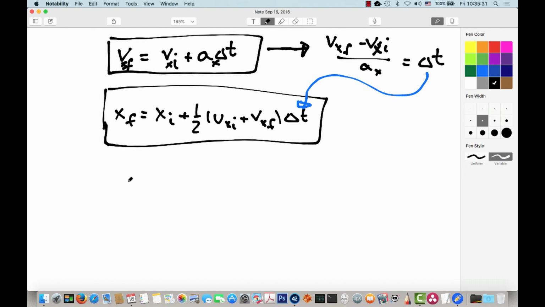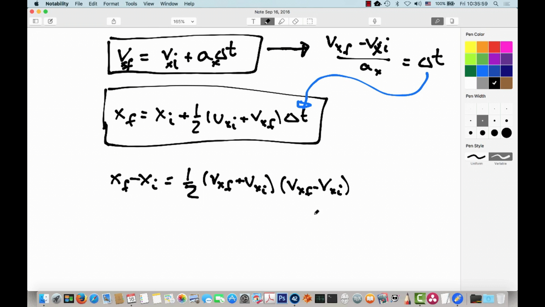Okay, so we have x final minus, I'll subtract x initial from both sides just to get this heading into a standard form, plus 1/2. I'm going to commute these two, so vx initial plus vx final, same difference as vx final plus vx initial. Then I'm going to put in my delta t. My delta t is vx final minus vx initial over a sub x.